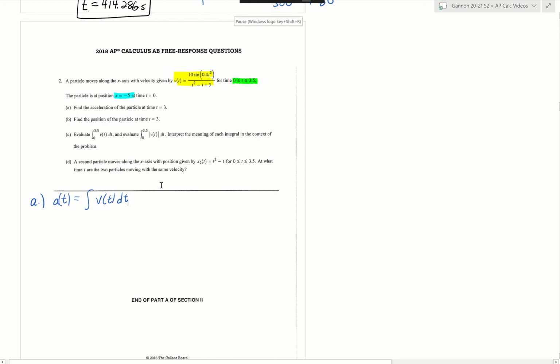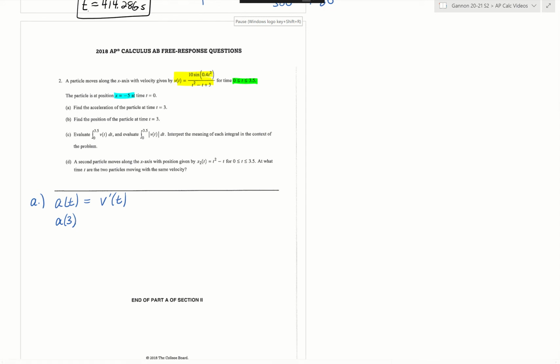No, I just did that completely backwards. I'm getting myself all mixed up here. Velocity is the integral of acceleration. Acceleration is the derivative of velocity when t equals 3. So the acceleration, a of t, is going to be the derivative of velocity, and we want to know what a of 3 is, which is the derivative of velocity evaluated at 3.